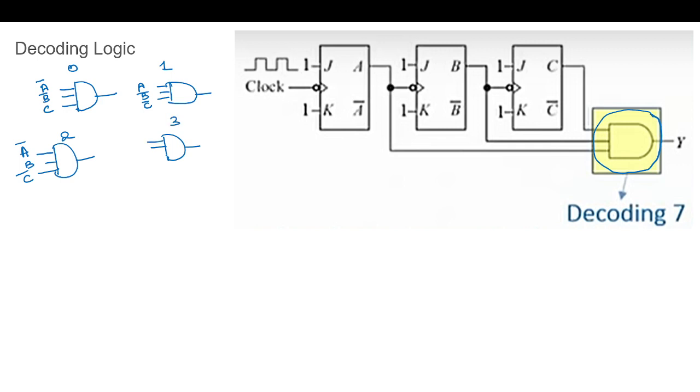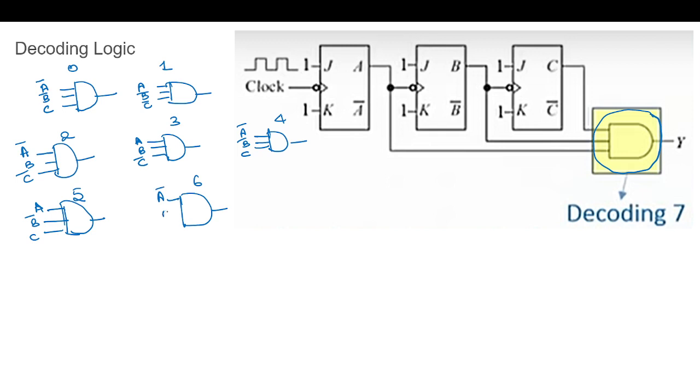For state 3, A, B, C bar. For state 4, A bar, B bar, C. For state 5, A, B bar, C. For state 6, A bar, B, C. And 7, A, B, C. So this will be the difference if we replace this decoding logic block to detect a particular state of the counter.